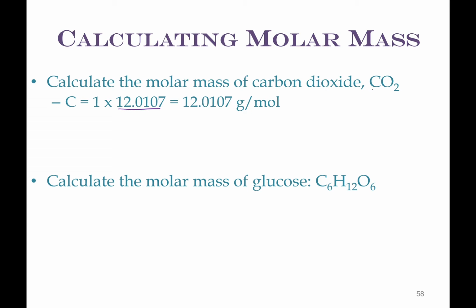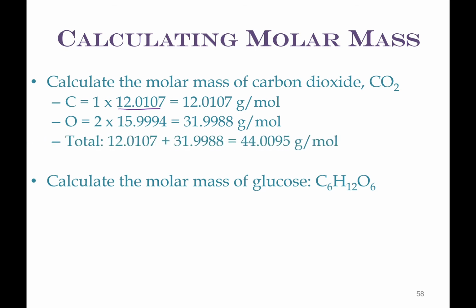That's just for the carbon. Now I have 2 of the oxygens, so 2 times 15.9994 gives me 31.9988. Now I'm going to add both of these together to get 44.0095 grams per mole. So this is the molar mass.